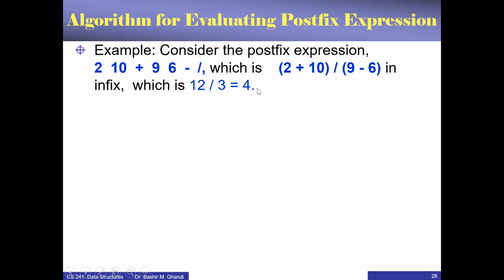You can see the evaluation should actually give us 4, because according to infix, we have to do the bracket first. So here we will have 12. On the right hand side we have 3. Then now we have to do 12 slash 3, which will give us 4. The question is, if we follow the algorithm we just described in the last slide, can we get 4? Well, let's try and see.